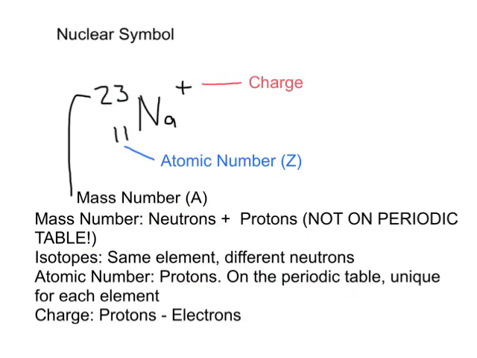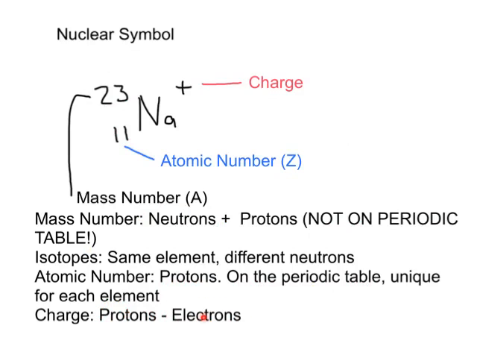As far as chemists are concerned, protons are nice and cute and all of that, but they don't really do any chemistry. The one thing that they do that concerns us is they determine what element it is. But because this is on the periodic table and it's the same for each element all of the time, this number may not always be listed. Charge is the difference between the positive protons that you have and the negative electrons.